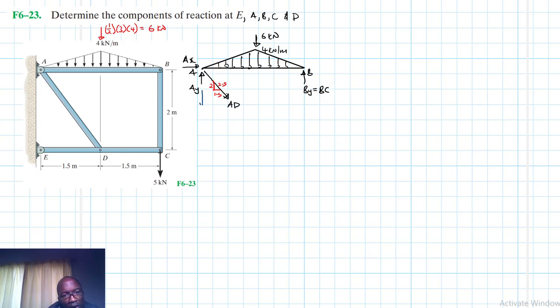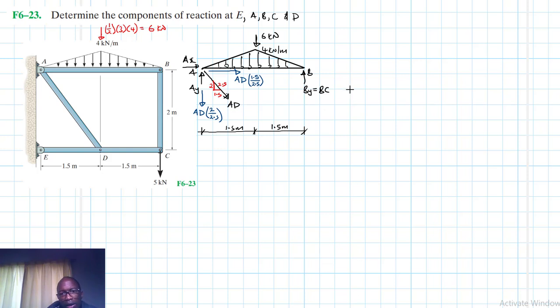One component will be coming down like this, and this is AD times the rise divided by the hypotenuse, AD times 2 divided by 2.5, and then we'll have another one like this, which is AD times 1.5 divided by 2.5. And then let's work out the length. We have 1.5 meters there, and then 1.5 meters there.